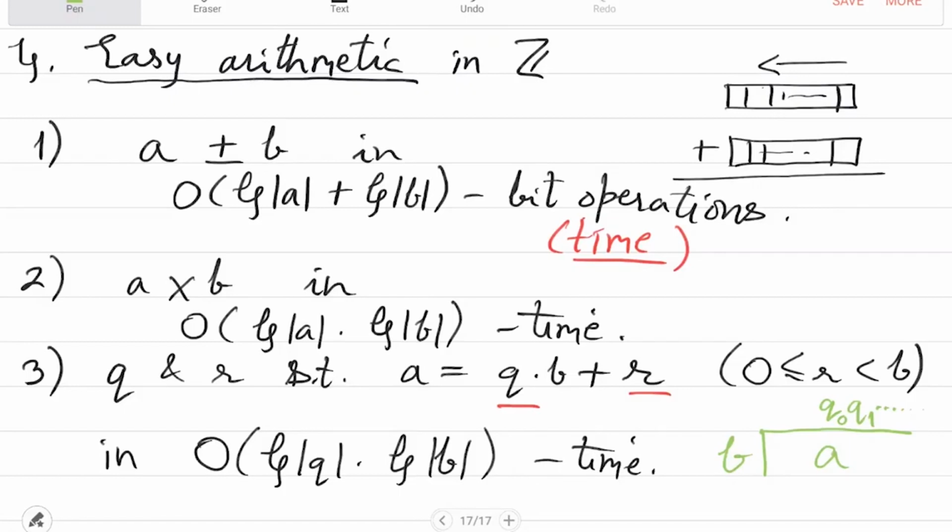You will first find that, and you will multiply it with B, and then you will subtract from A, right? Or am I making a mistake? Asymptotically, log A is just log B plus log Q.